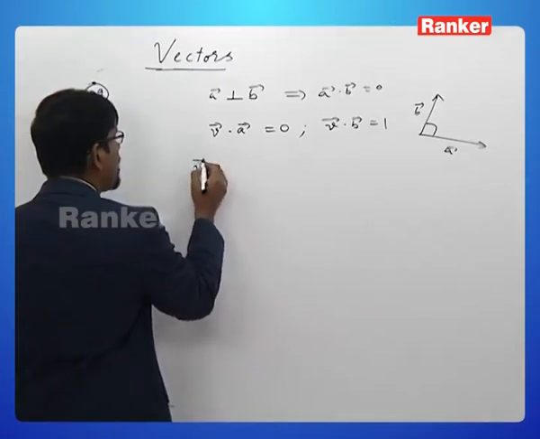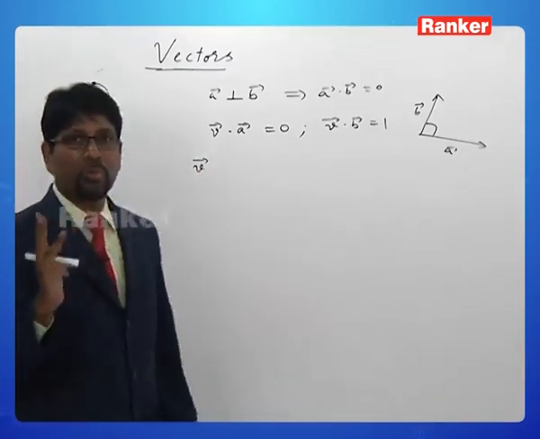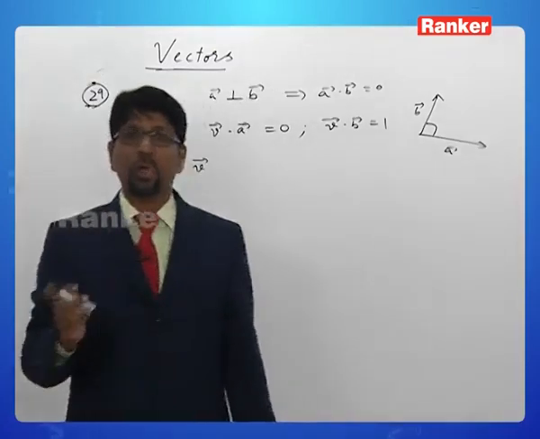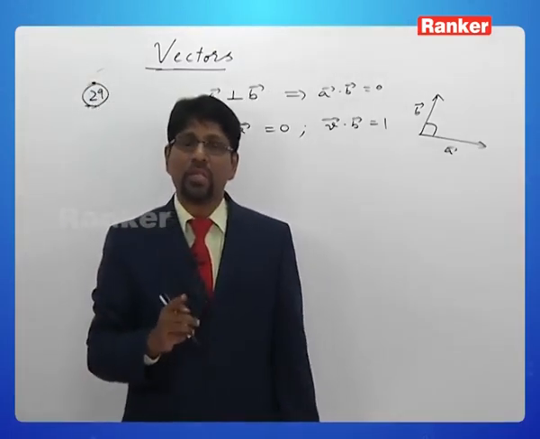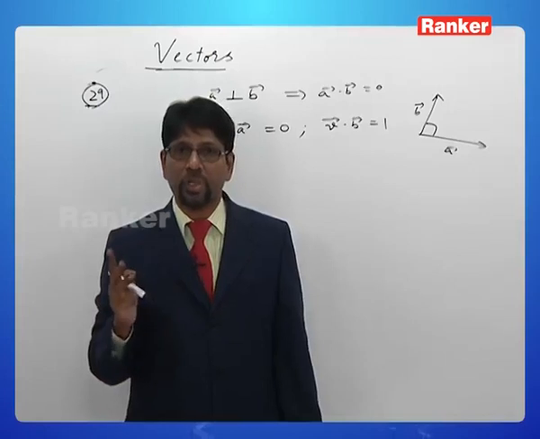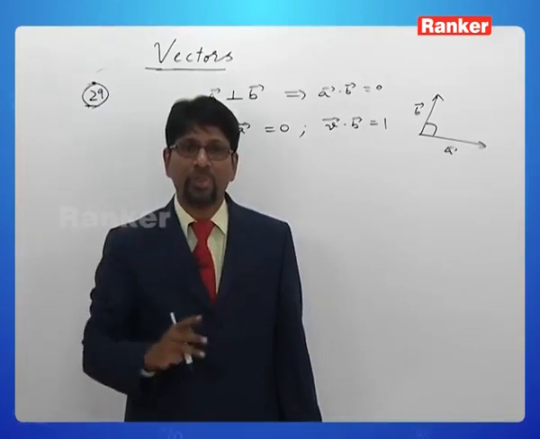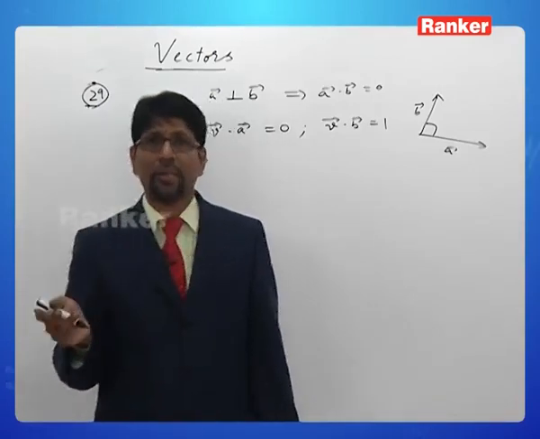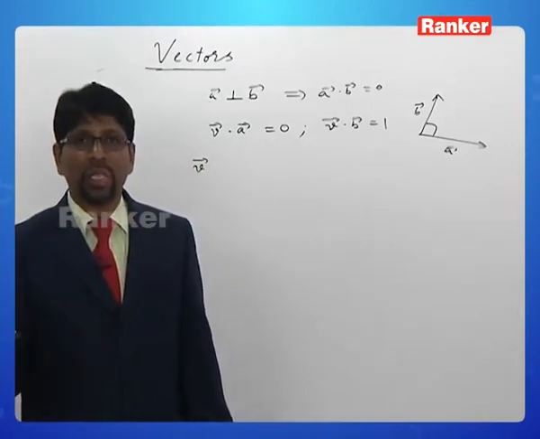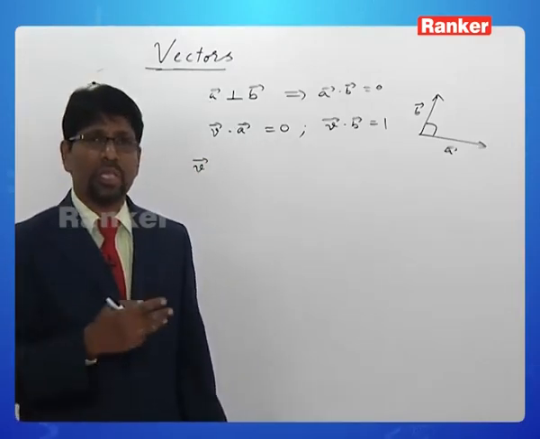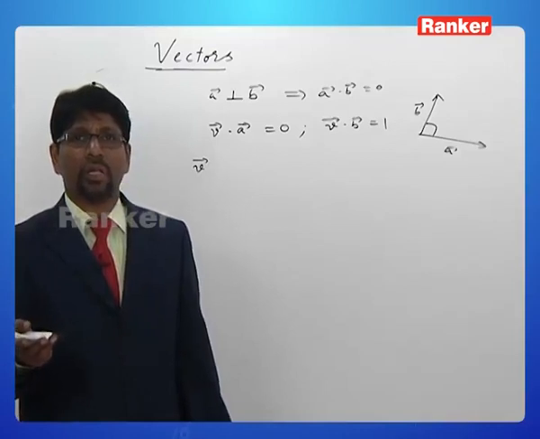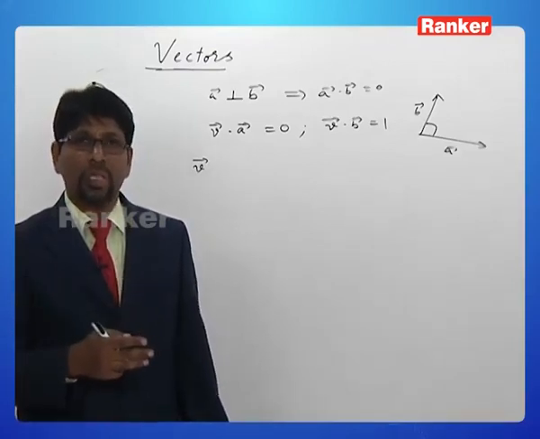Any fourth vector in the space, when you have three non-coplanar vectors, can be represented as a linear combination of these three non-coplanar vectors with the help of a unique set of scalars, just like i, j, k. You take any vector, you can write it in terms of i, j, k. Not only i, j, k, you can take any three vectors which are non-coplanar in a space.